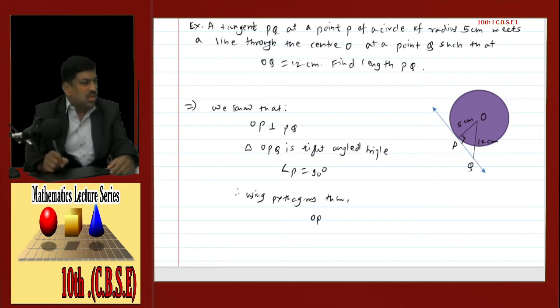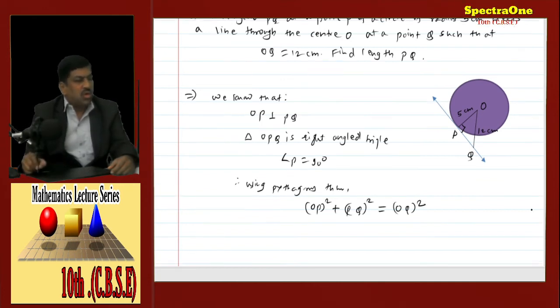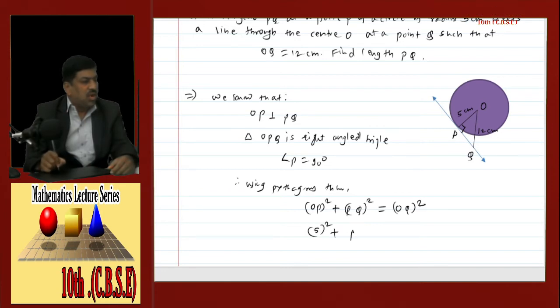So using Pythagoras theorem, OP square plus PQ square is equal to OQ square. OP is given, 5 square. We have to find PQ.